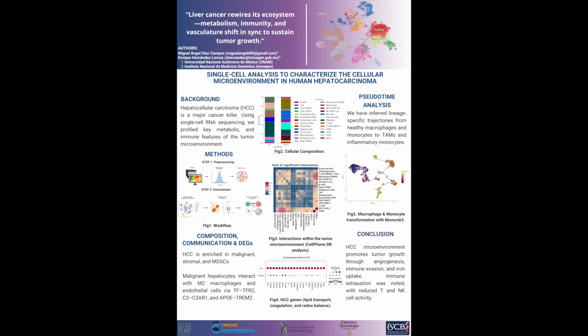Also, malignant cells display coordinated metabolic and mitotic reprogramming, and immune cells, particularly T and NK cells, are present but suppressed with signatures of exhaustion. Finally, the ligand-receptor analysis revealed that malignant cells actively engage with macrophages and endothelial cells to reinforce tumor-promoting conditions.